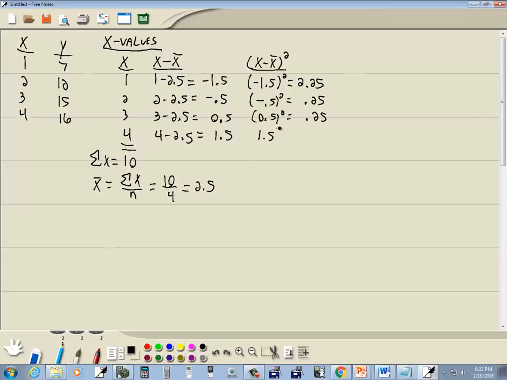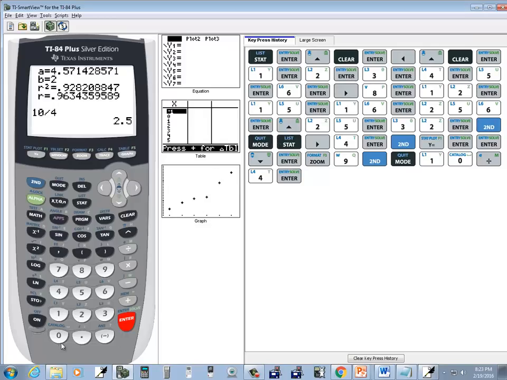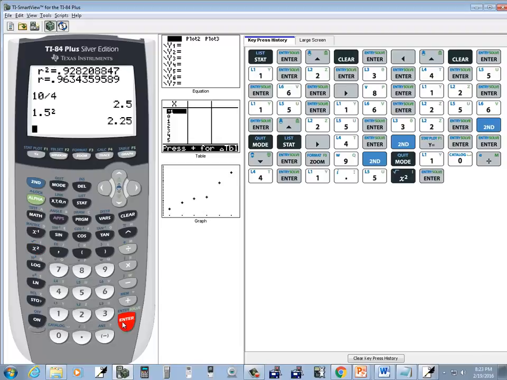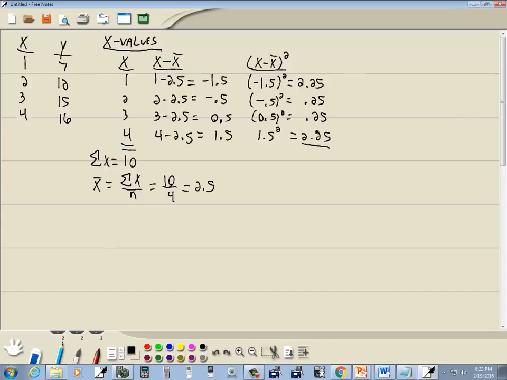And 1.5 squared is equal to 2.25. Double check that. 2.25. Okay. So then we want to add these together. So the sum of the x minus x bar squared looks like it'd be 5.